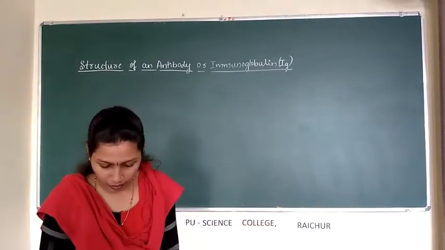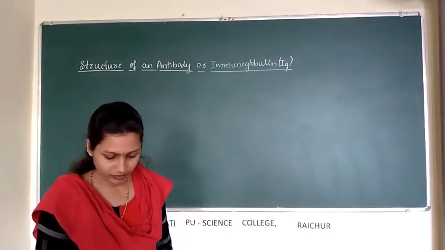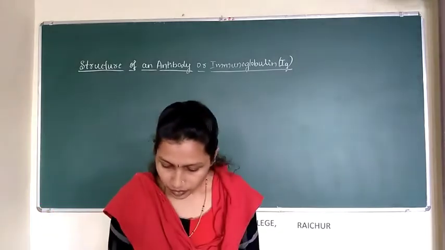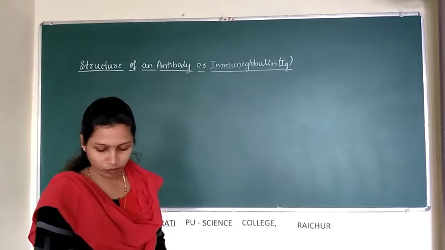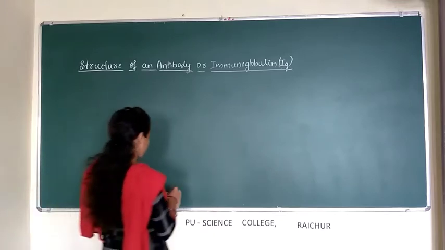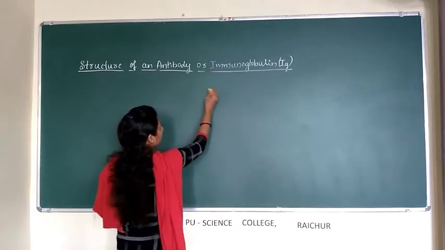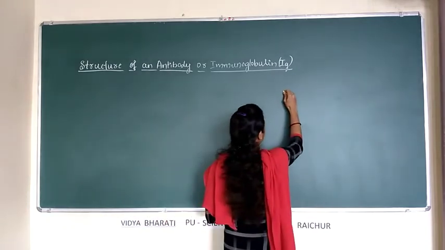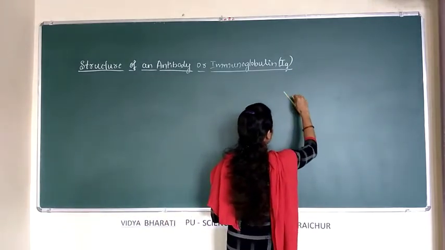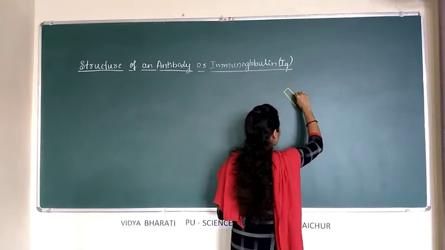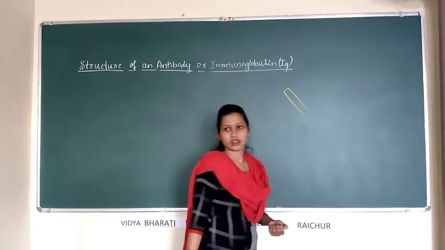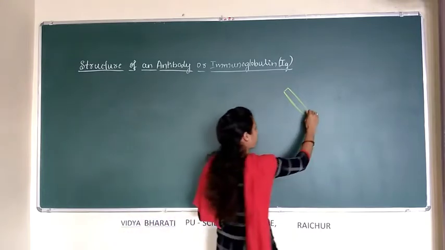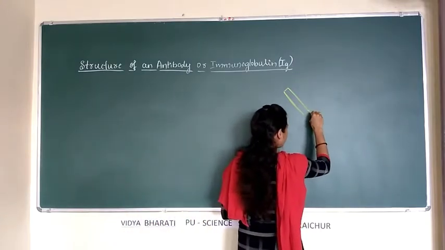The structure of an antibody contains 4 polypeptide chains, like this. And the structure of an antibody is Y-shaped.